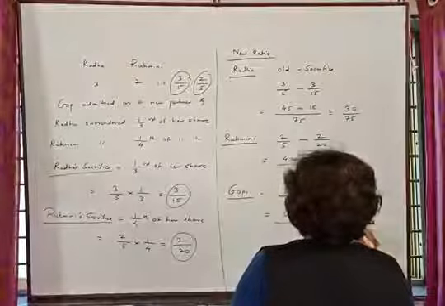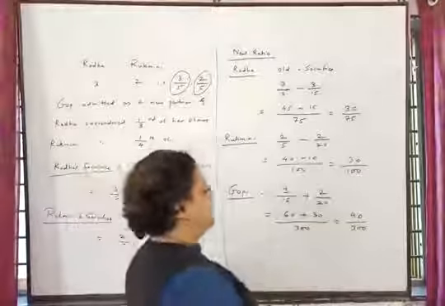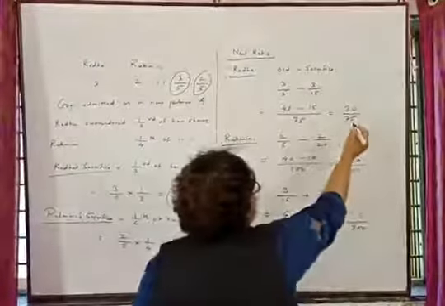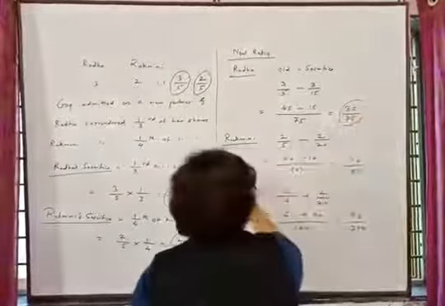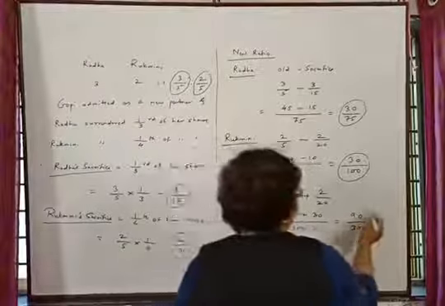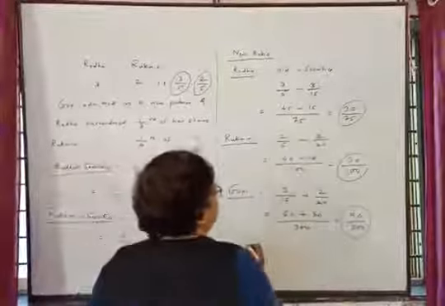It will be 90 upon 300. Here Radha's new share 30 upon 75, Rukmini's new share 30 upon 100 and Gopi's new share will be 90 upon 300. So we will write it down here.